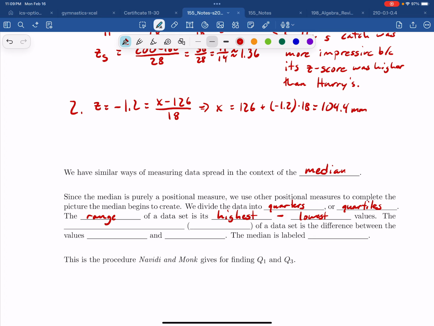And we could just get rid of this. Okay? The interquartile range, which is denoted IQR, because no one's writing that every time, is the difference between the values Q3 and Q1. Median is labeled Q2.